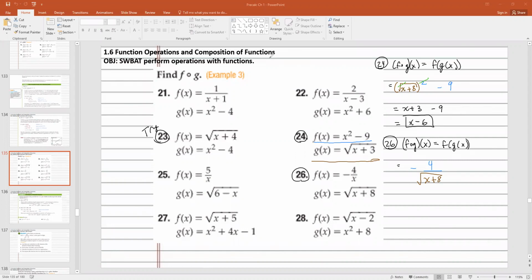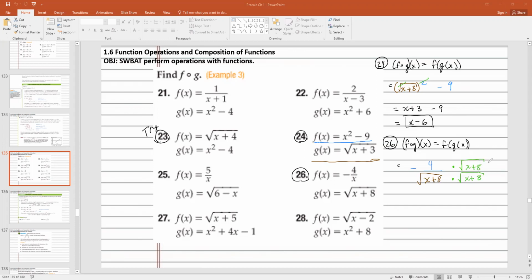So what we're going to do is we need to simplify this rational expression. So we're going to multiply the top and the bottom by that same radical. That way we can cancel it out because it's like squaring it basically.